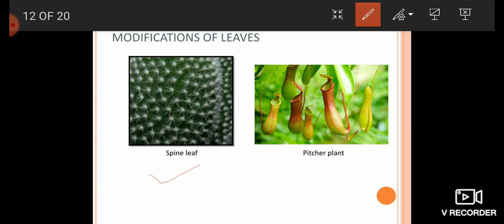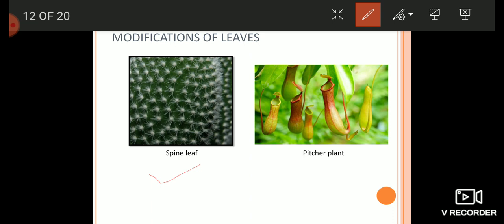Then the second one is the insectivorous plant such as pitcher plant. The leaf of this pitcher plant is modified to form a pitcher for capturing insects. It is also called an insectivorous plant, which grows in regions where the soil is deficient in nitrogen.